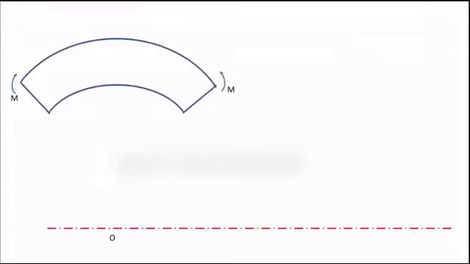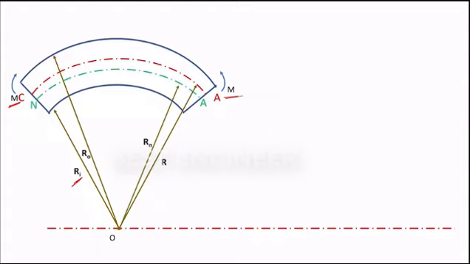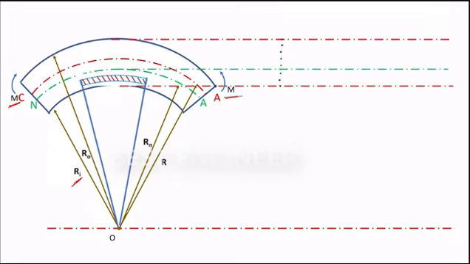See, there is a curved beam. We are applying a moment M, and there is the radius of the outer fiber, the radius of the inner fiber, the radius of the central axis, and the radius of the neutral axis. Consider a portion here, and the stress distribution in the curved beam will be like this.